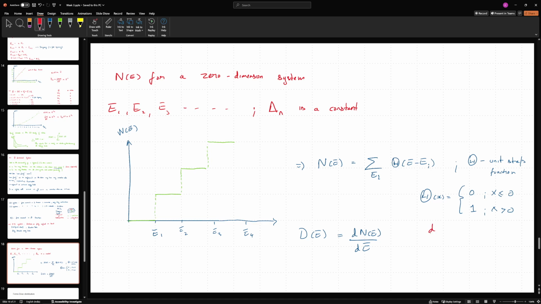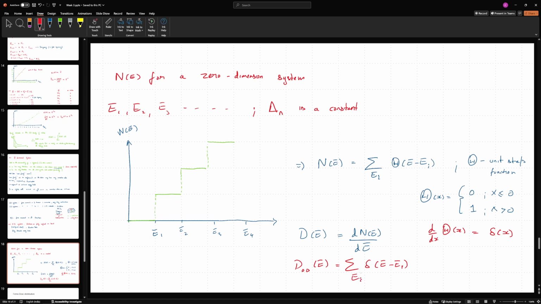So d by dx of theta of x is the Dirac delta function, delta of x, which implies for a 0D system, d0d of E is equal to the summation over EI of delta of E minus EI.